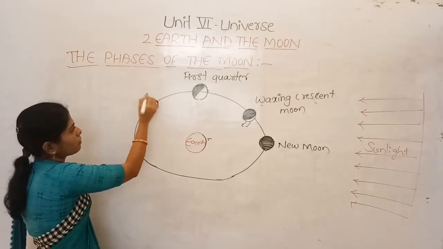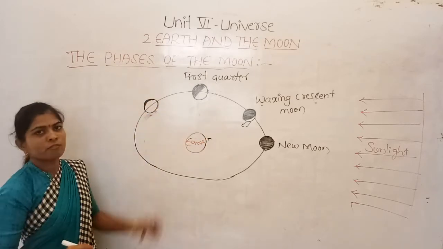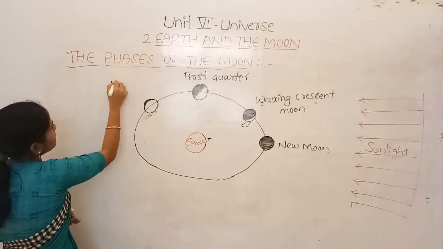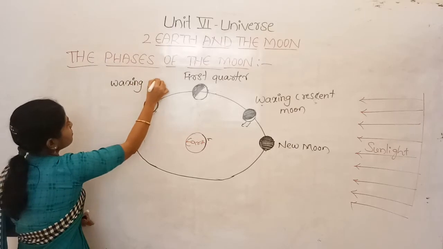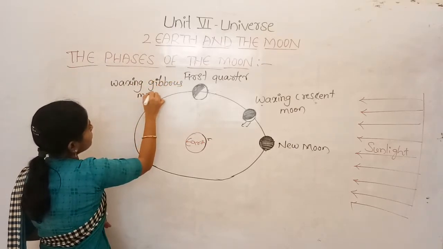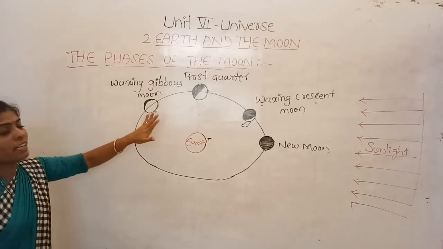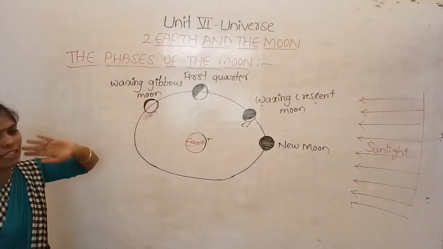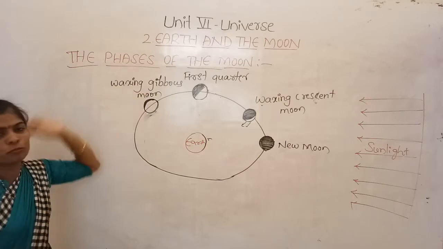The light which falls on it, in all directions we are able to see, and this is called the waxing gibbous moon. Here we cannot see only some part of the moon, the other part we can see. That is called the waxing gibbous moon.